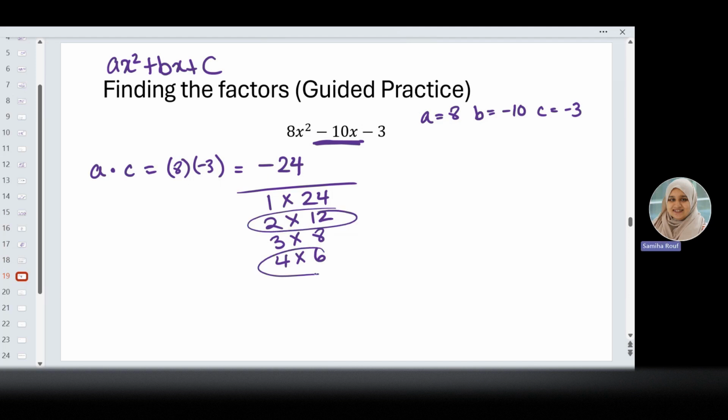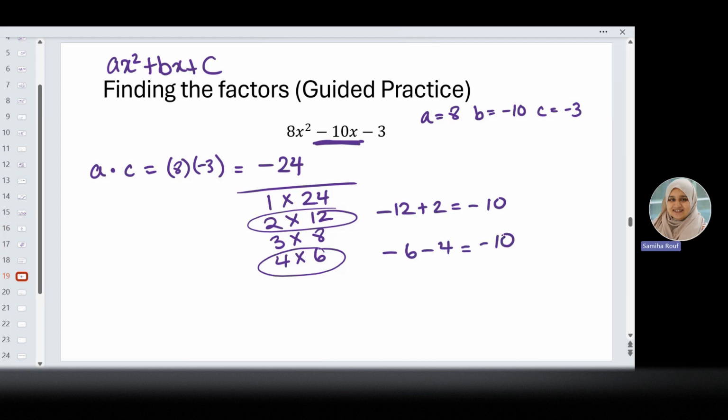2 and 12 and 4 and 6, because 12 minus 2 equals, sorry, we need -10. So it should actually be -12 plus 2 equals -10. And then -6 minus 4 equals -10.